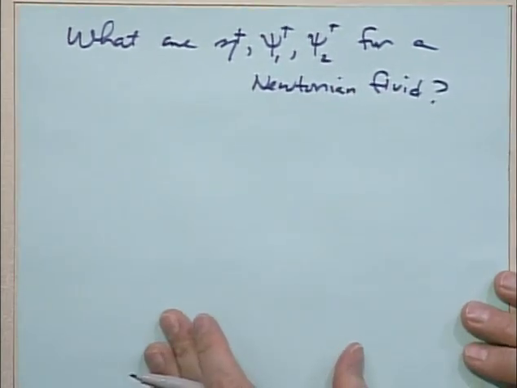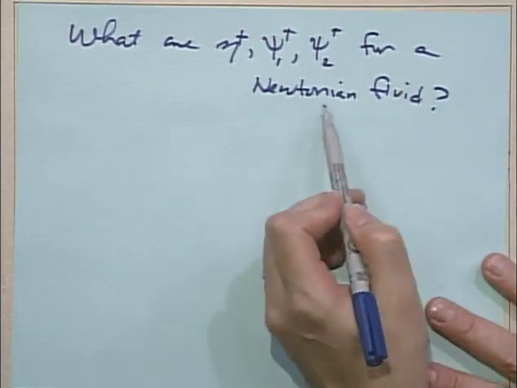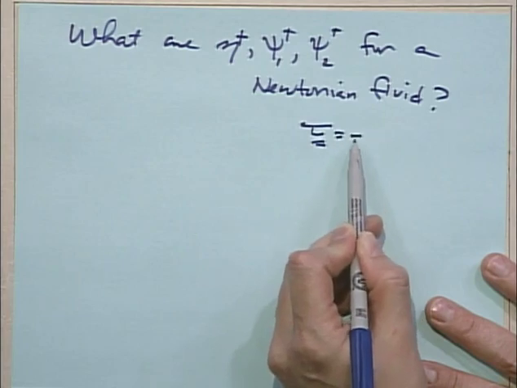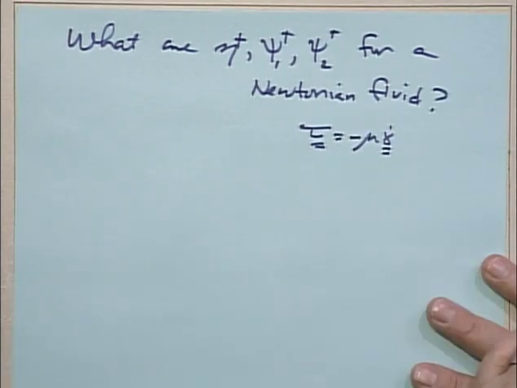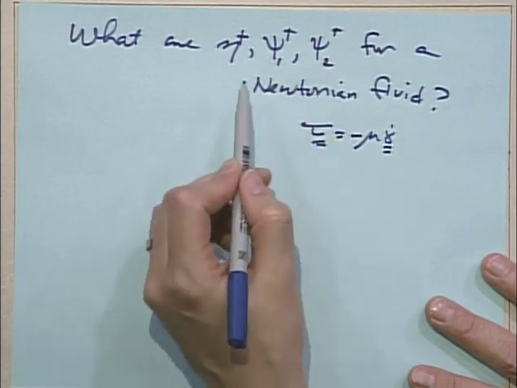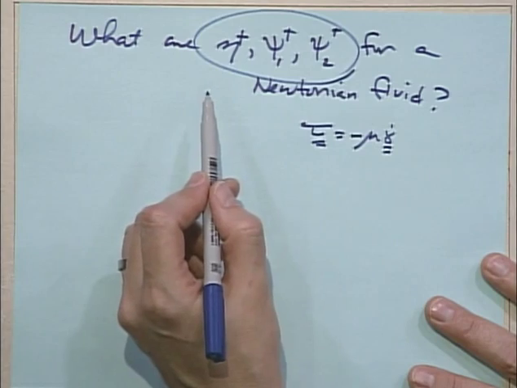All right? Just like in all engineering problem solving, at least in academia, there's a lot of code there. Okay? For a Newtonian fluid is code for use the Newtonian constitutive equation. Eta plus, psi 1 plus, psi 2 plus is code for use the kinematics that go with this.